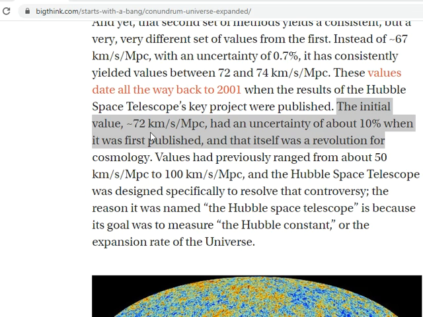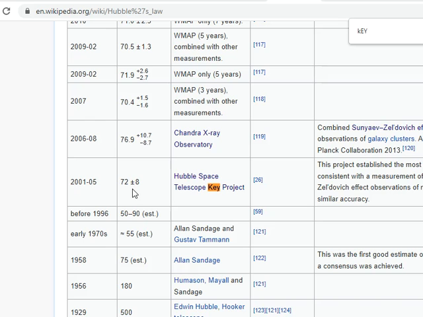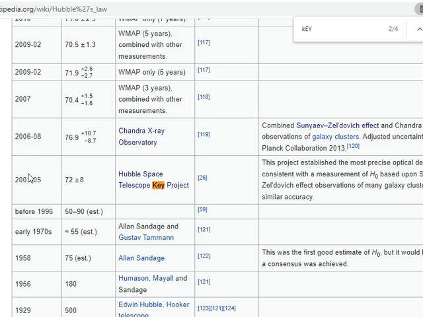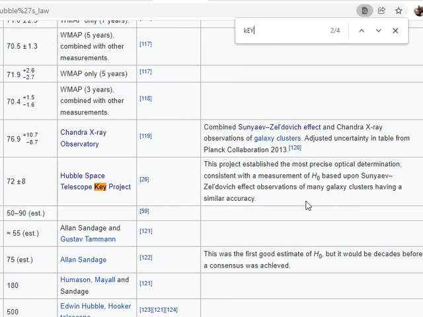Actually, let's call it 8, because on Wikipedia's page about the Hubble Space Telescope Key Project, it says the project established the most precise optical determination consistent with a measurement of Hubble's constant based on Sunyaev-Zeldovich effect observations of many galaxy clusters having a similar accuracy.